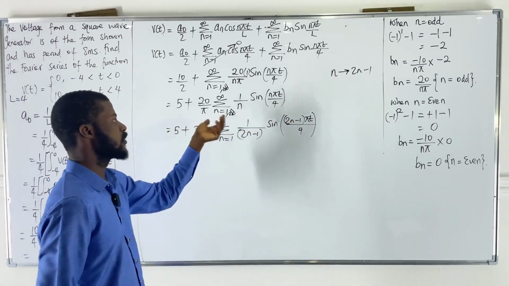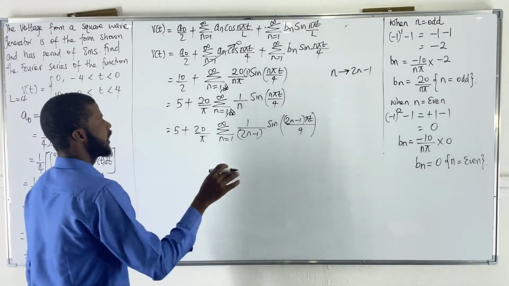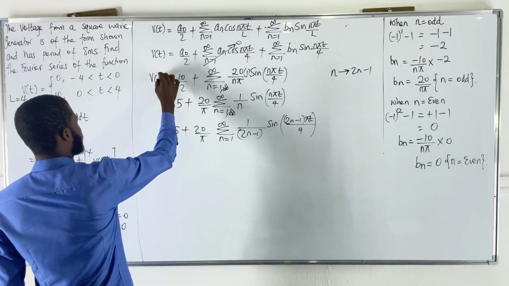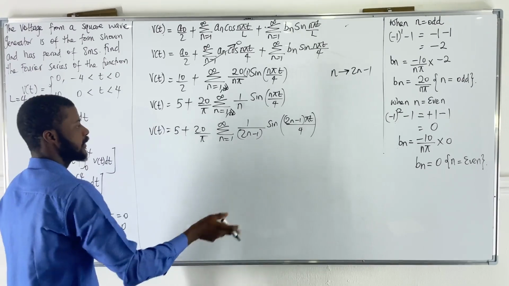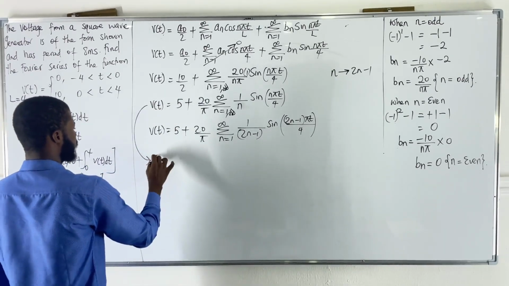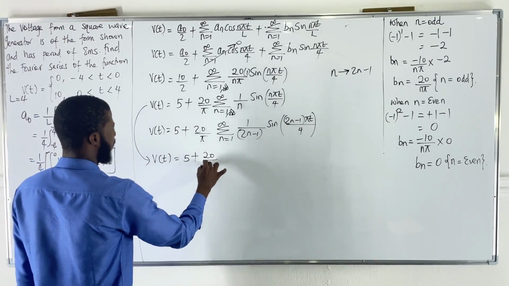Now let us write out some expansion. Let's bring out some terms from the function. When bringing out terms, I prefer to use this one at the top. So let's expand. v of t is equal to 5 plus 20 over pi.